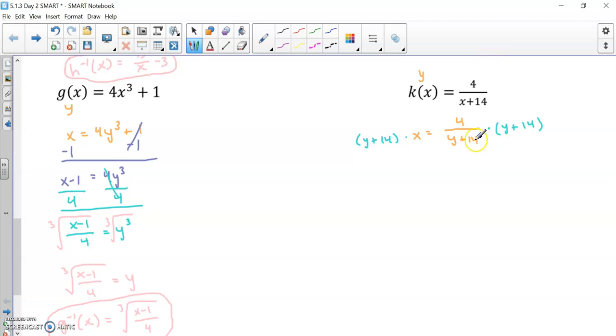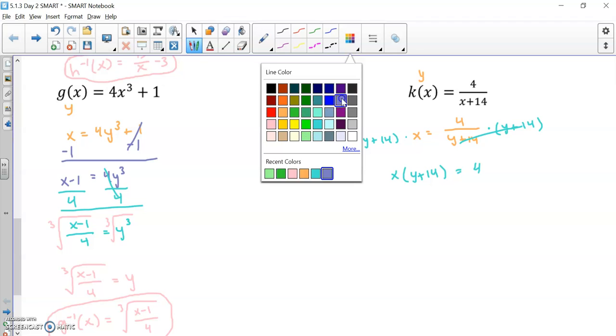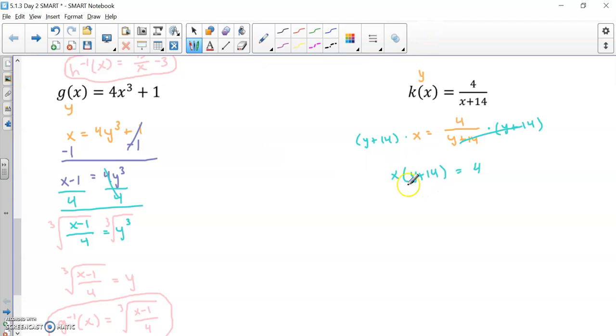So these will cancel. On the left, you have x times y plus 14, and then on the right, you just have a 4. Next step, we want to get rid of this x first, otherwise the y plus 14 is just trapped in there. And the way to do that is to divide, because right now the x is being multiplied, so dividing is the opposite.